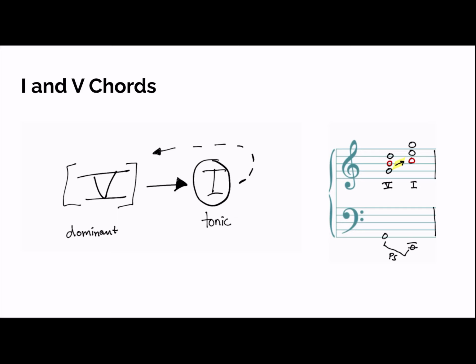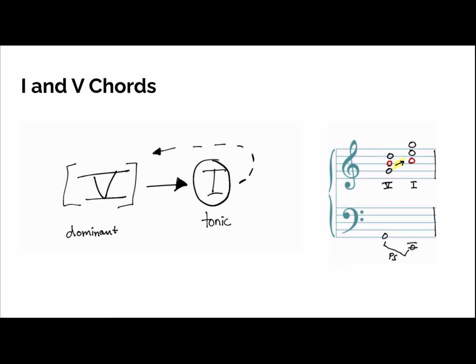This little dotted arrow coming from the tonic means that any chord could come after the tonic, like in the area to the right of this arrow, but that just simply means that it would be followed by the fifth chord here, or the dominant.